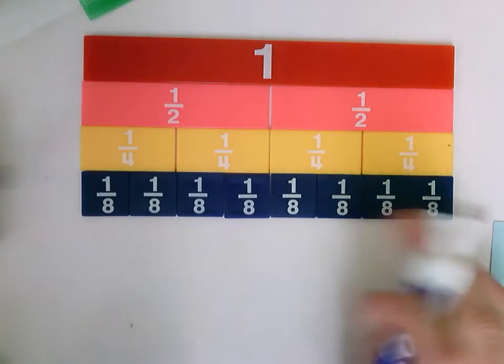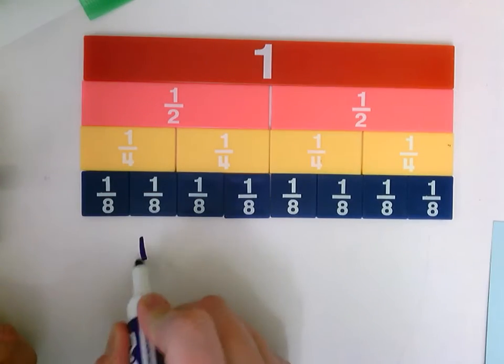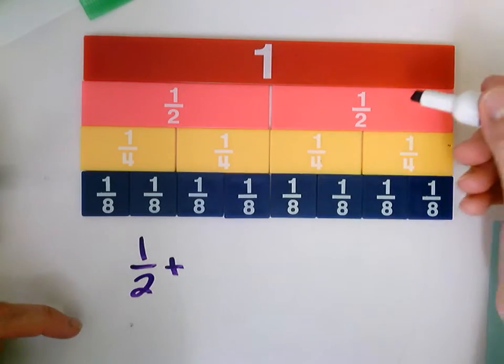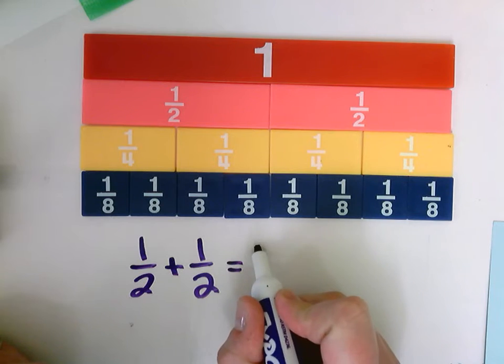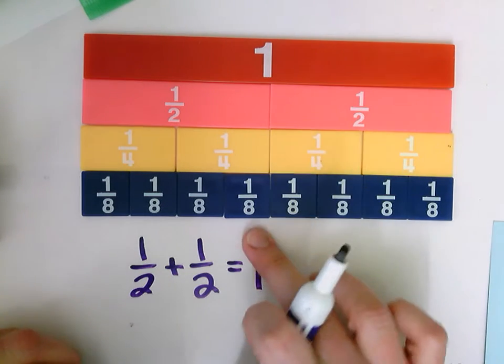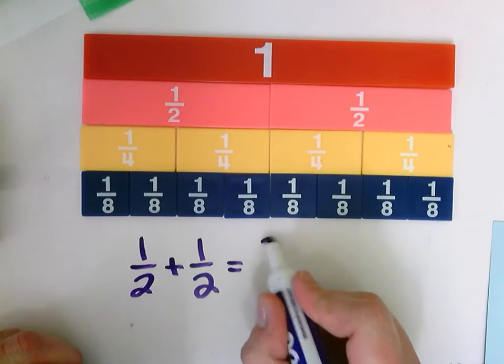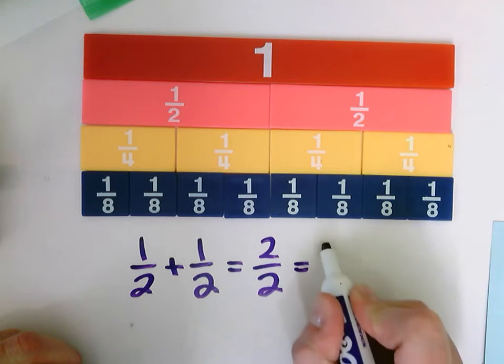You can see that 1/2 plus 1/2, I put the two together, they're going to equal 1. Okay, well, actually, we can even say they equal 2 halves, which equals 1.